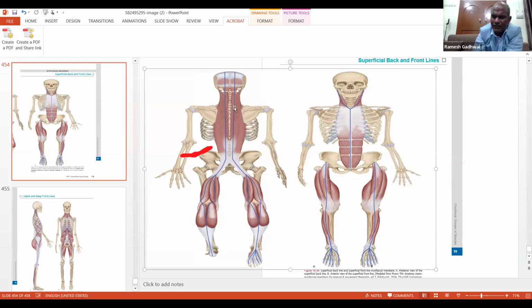Then it is joining with the skull and it becomes the frontalis bone here. So from here to heel on the back side, it is a single plane that is treating.